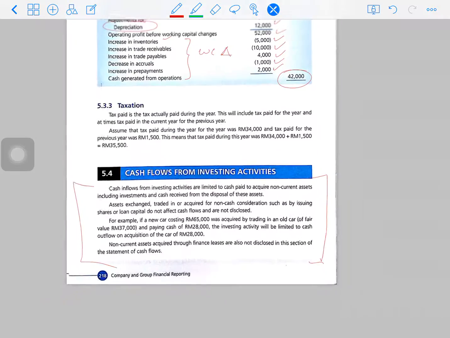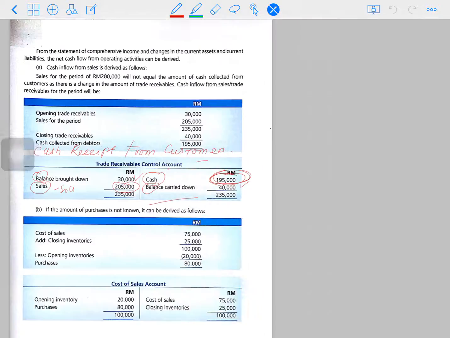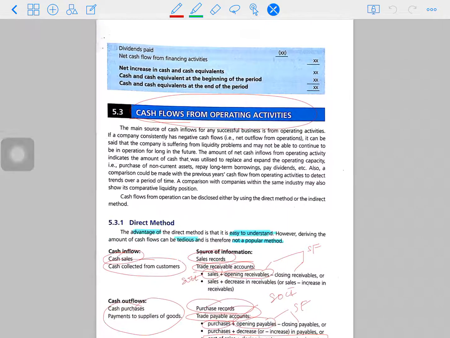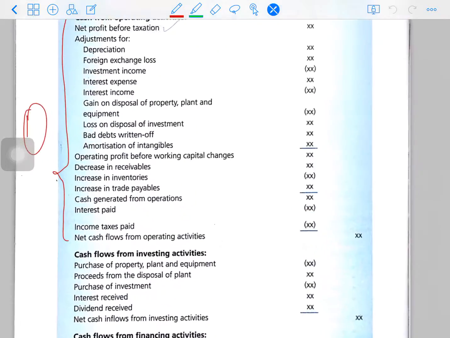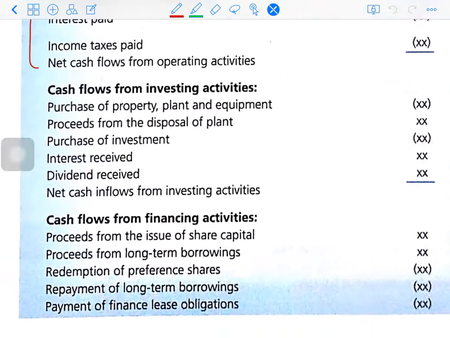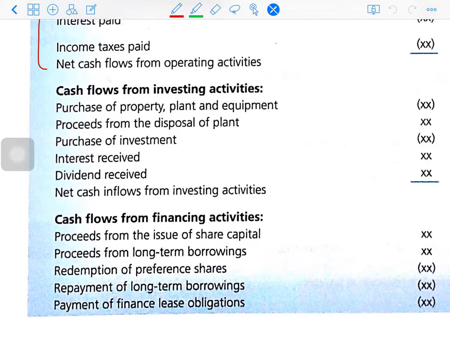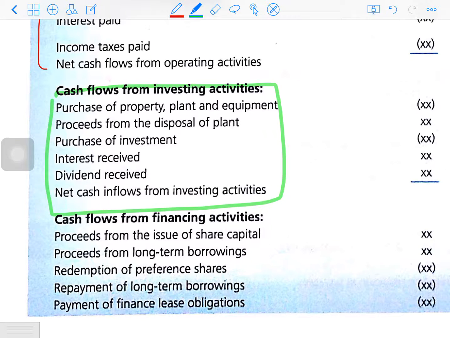So your section on cash flow from investing activities normally has the following items. The items that may be available in your question paper in your final exam could be some of these items.